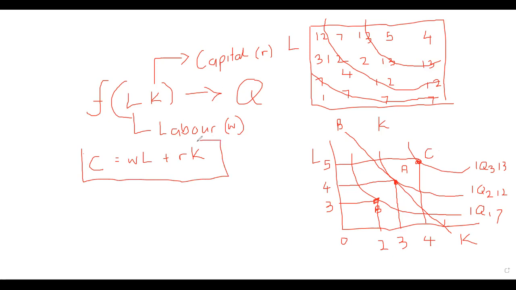So constrained optimization is basically about combining your production function with or subject to your constraint. You're simply trying to produce more within the little resources that you have. And so we call this constrained optimization.